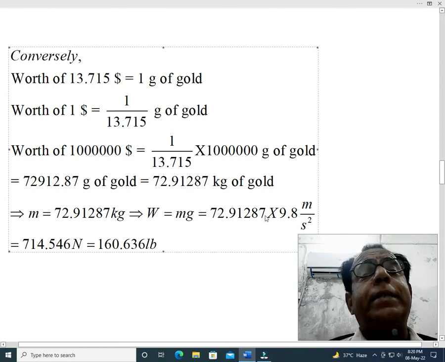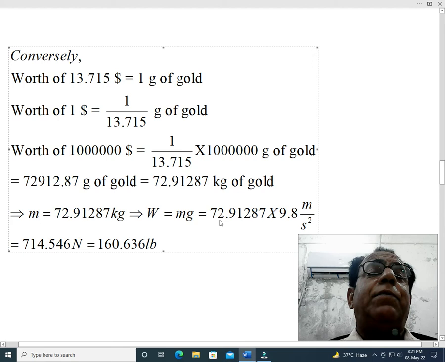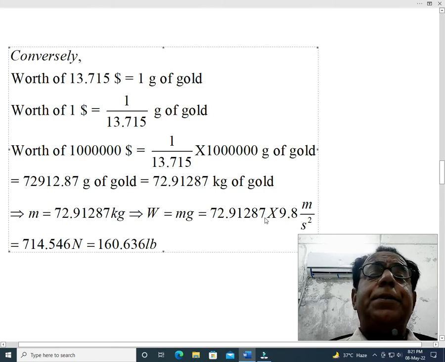To the extent of this value we have not used any conversion factor. Dear students, here there is a very minor mistake that kg has not been placed with this quantity, that is 72.91287. This kg will be multiplied with meter per second square, and hence we know that Newton is equal to kilogram meter per second square.